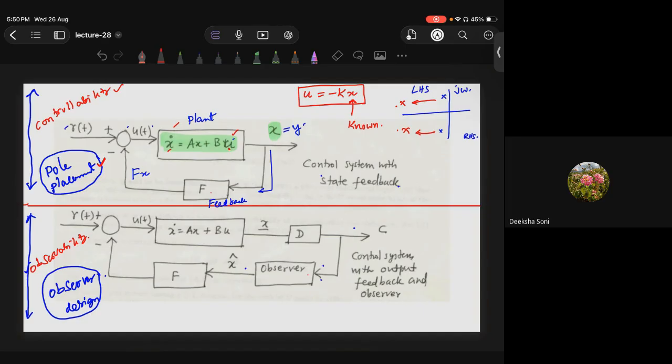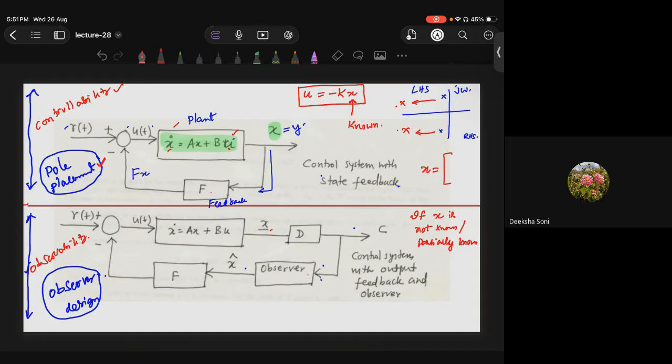The second thing is, if you see the one below, you are getting x here. Sometimes x is not known or is partially known. What is x?